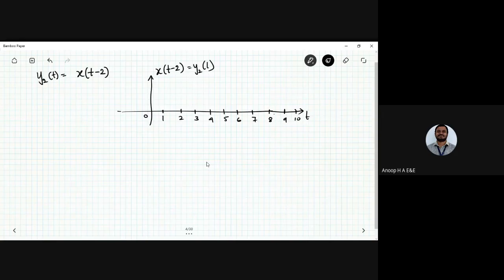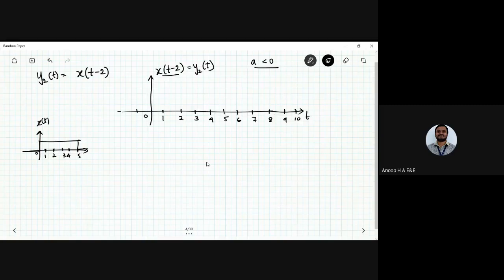Now what happens here? Let me write down the original signal x of t: it has a value of 1 from 1 up to 5, and otherwise it is 0. Now what happens when a is less than 0? How would you express y2 of t?